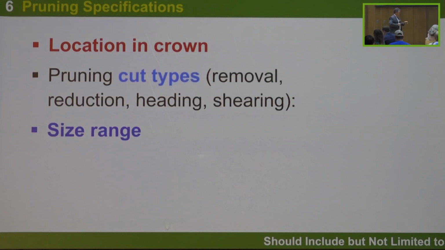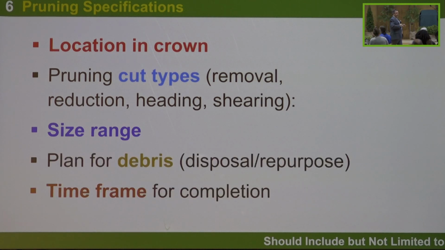Is it over in this location, these three branches, so I can see the vista, I can see the mountain? The cut type, which we'll get into. We just remove branches or we reduce branches. If you want to use thinning or cleaning or et cetera, that's fine. But really, thinking about the cut type is really, really important. In the size range. And what are you going to do with the debris in the time frame to complete? If you're a commercial arborist, any commercial arborists here? Or if you have friends, how far backed up are they right now? 4 weeks? 2 weeks?